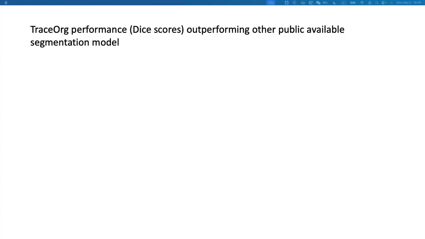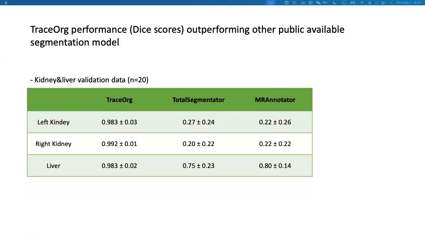We evaluated our model's performance on 20 MRIs for kidney and liver, and compared it to two other publicly available segmentation models, TotalSegmentator and AutoMRAnnotator. Our model outperforms the others with a DICE score of 0.98 for kidney and liver.